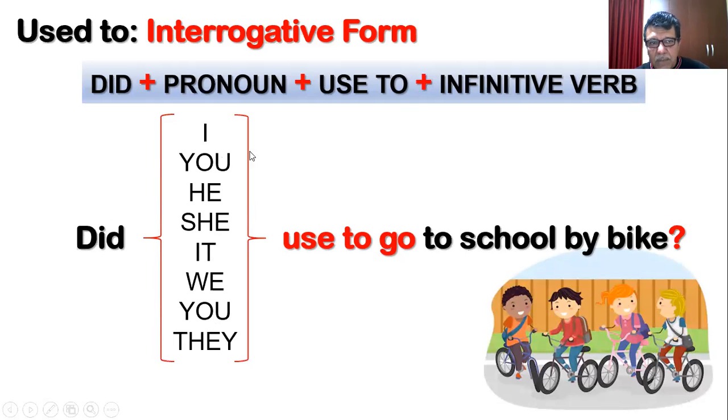We have the same form for all the pronouns using used to. And look at here, use to with no D, okay? Only for affirmative. For negative and questions, use with no D, okay? And this is a question because we have did at the beginning, okay? So we have how to use expression used to in affirmative, negative, and question form, okay?